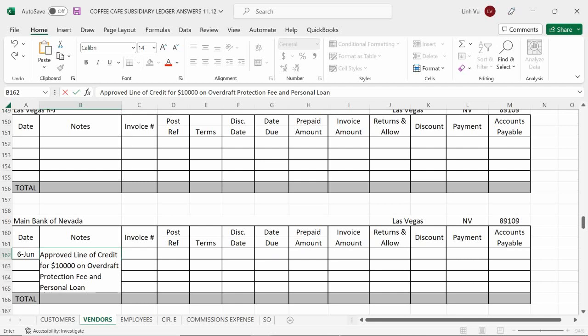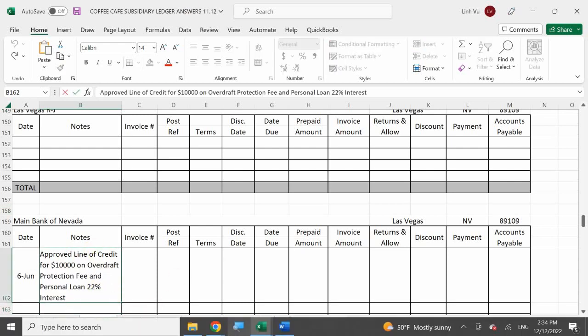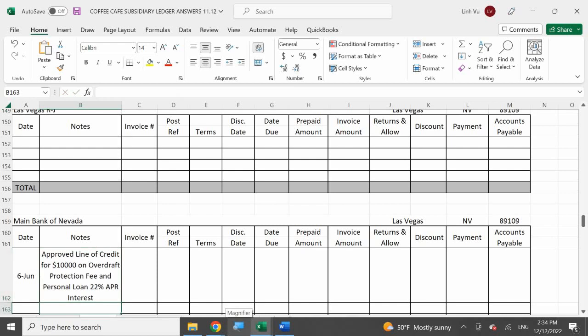And then, of course, you can put your interest of 22%. Oh, I should put 22% APR, so I know that's an annual percentage.